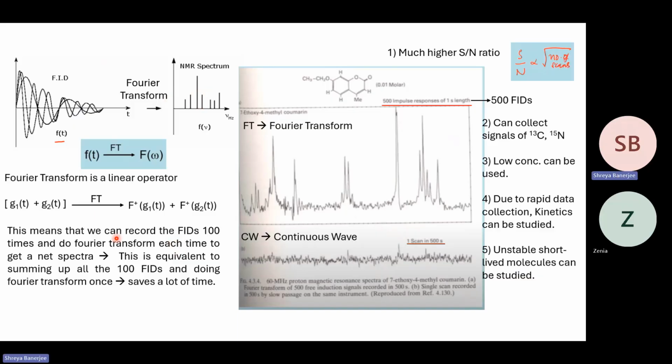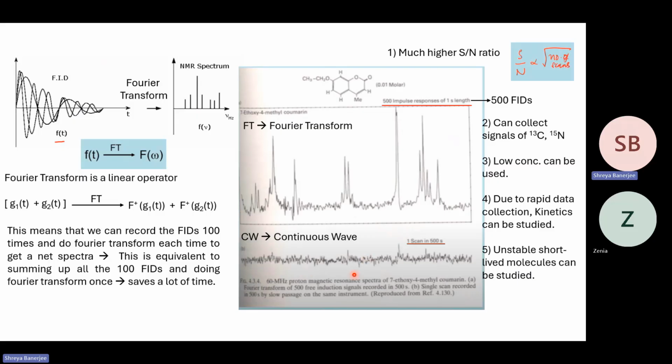Basically, you can see that signal to noise will be much higher. For example, it is shown for one particular molecule here. The upper spectra is the spectra obtained by Fourier transform, and the lower spectra is the spectra for continuous wave.